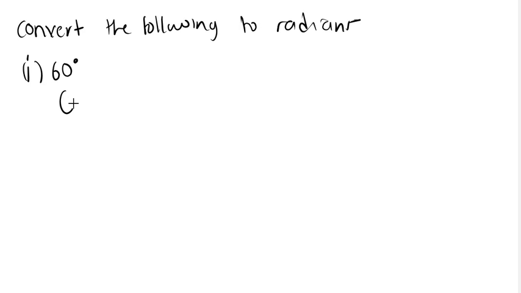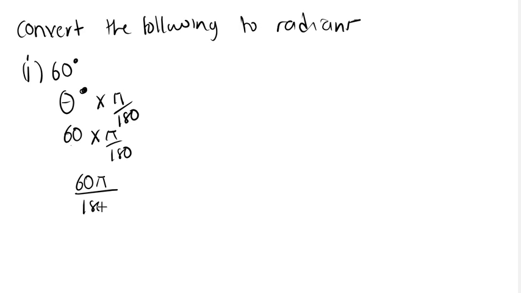As I said, when the angle is in degrees and you want radians, we put pi on top of 180. So 60 times pi over 180, which is 60 pi over 180.